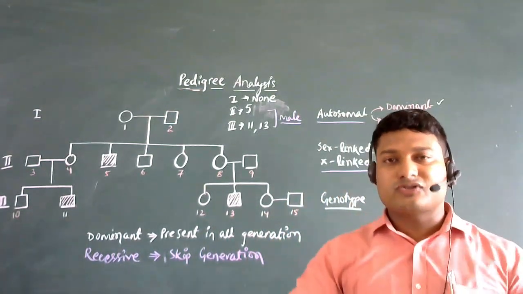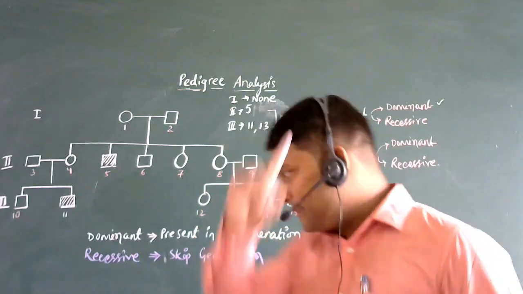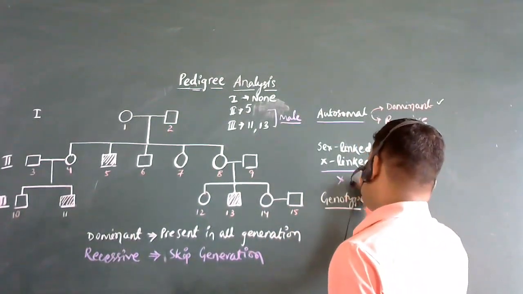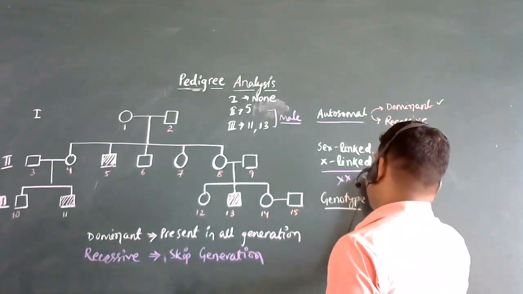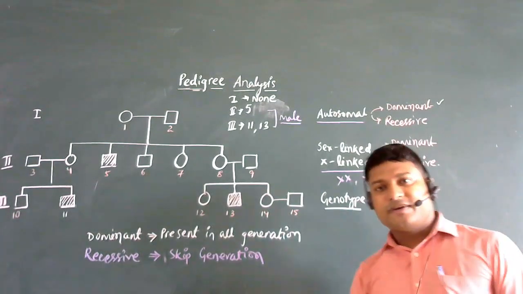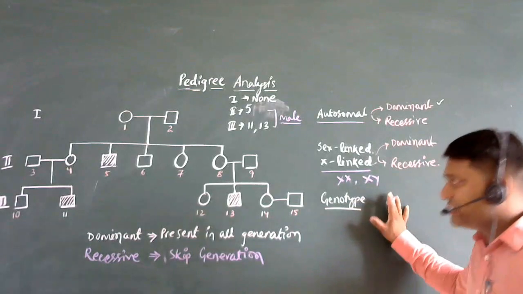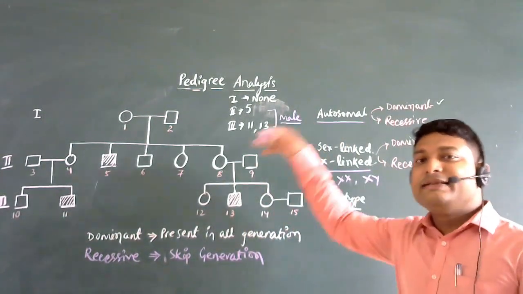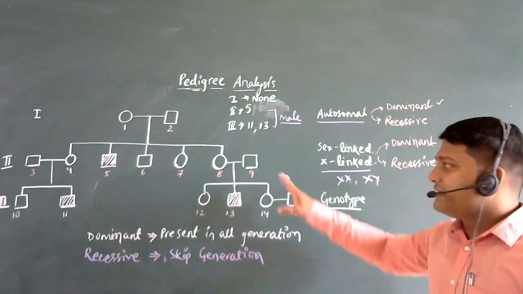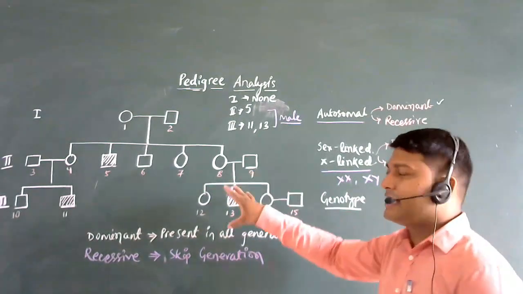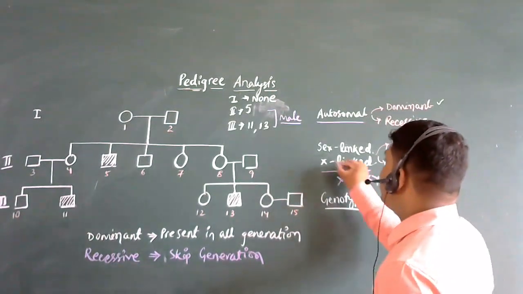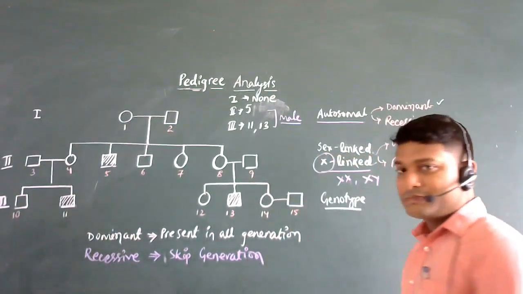There's no difference in the autosomes of both male and female, but for the sex link we are going to have X, that is XX and XY condition, depending on male or female. So when you have this differentiation of males being affected more commonly than females, and the females are not affected or simply are represented as carriers, you will say that it is going to be X-linked and not autosomal.